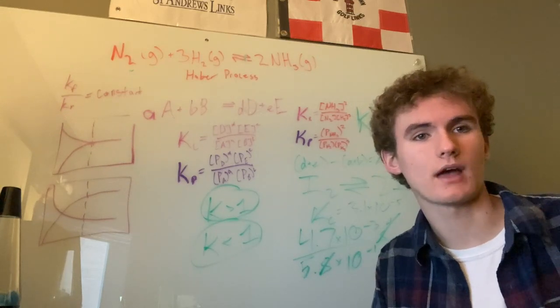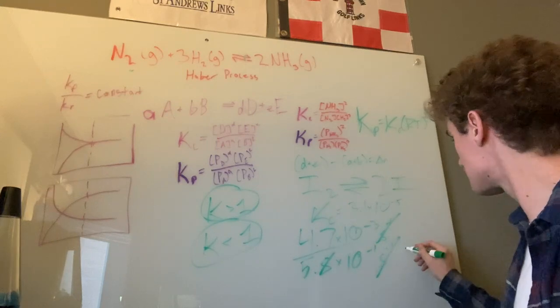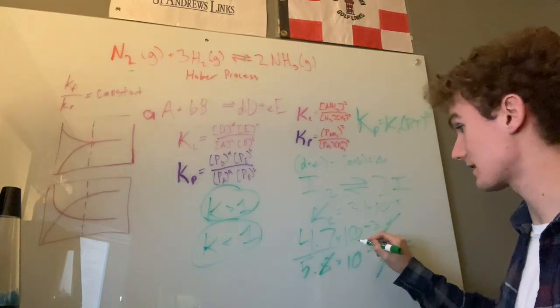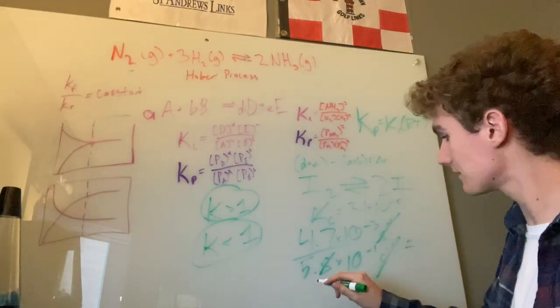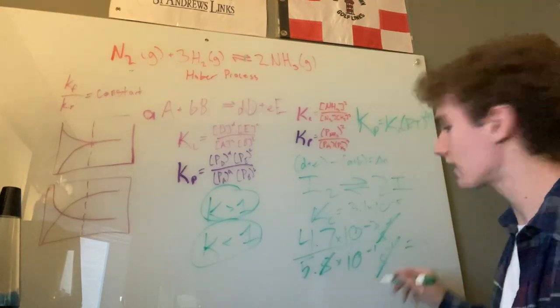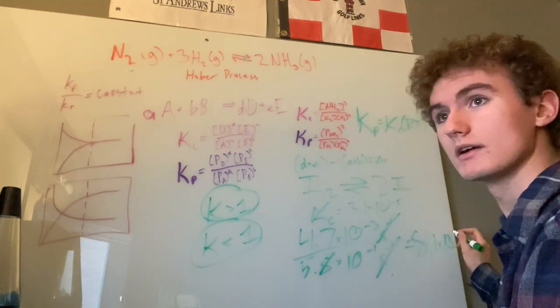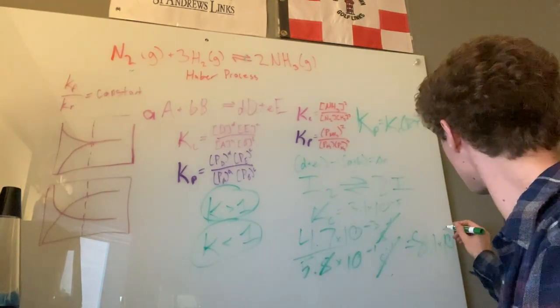It's simply a constant. And so in this case, that constant is going to be 4.7 times 10 to the -3rd divided by 5.8 times 10 to the -1st, which is going to end up with 8.1 times 10 to the -3rd.